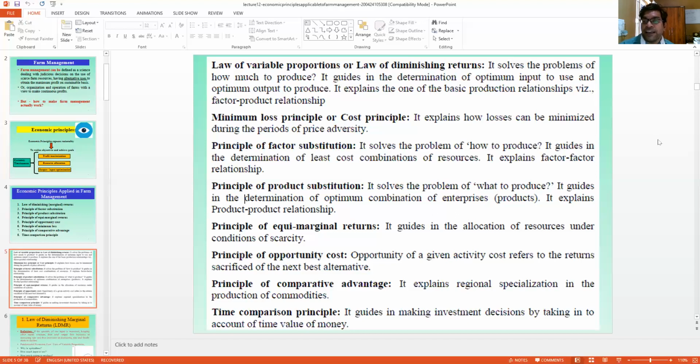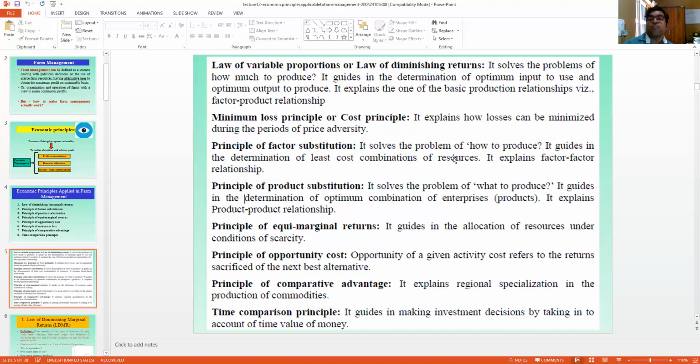You see, it helps in determining the least cost combination of resources. Here we have an assumption, right? Whatever combination of resources that we use will give the same output. Isoquant: iso means same, quant means quantity of output. Whatever combination that we are going to use, the output is going to be the same.